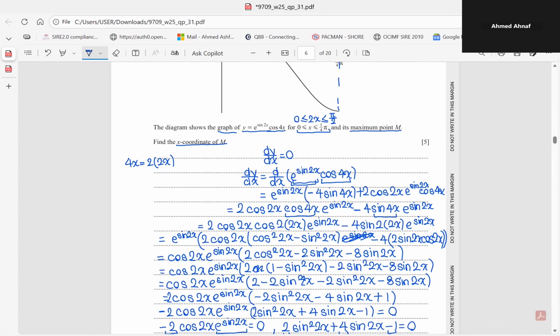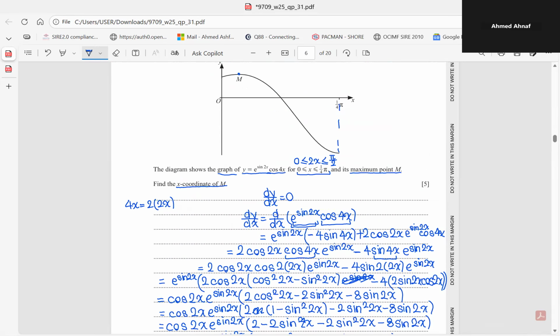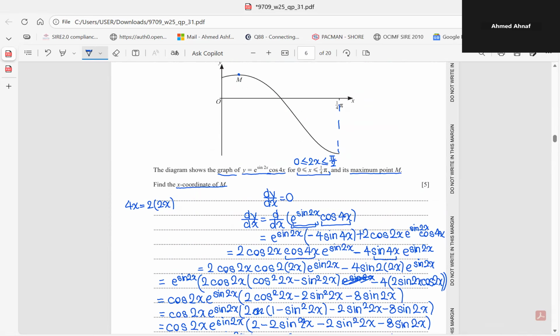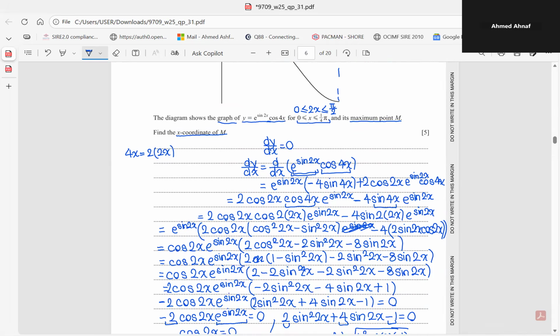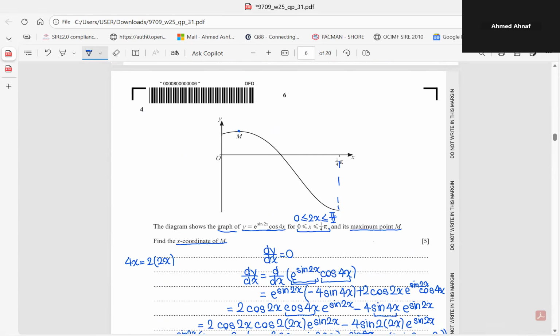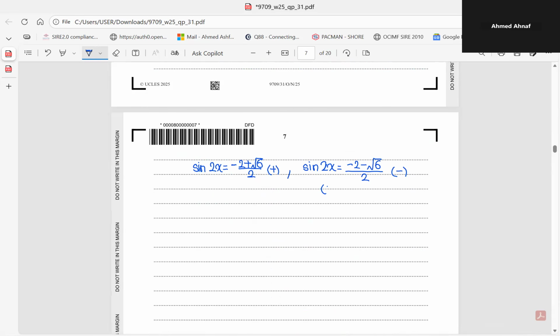Okay, so let's take a look at our domain. The domain from 0 to pi over 2 is the same as from 0 degrees to 90 degrees. If we draw our unit circle, 0 to 90 degrees just covers the first quadrant, where all the trig ratios are positive. So we're going to have to reject the negative answer.